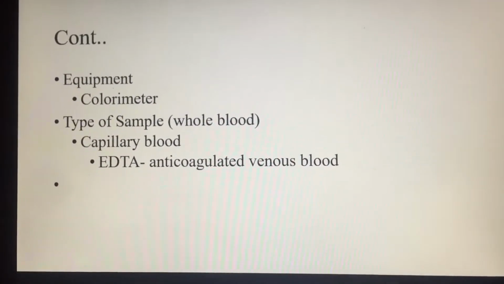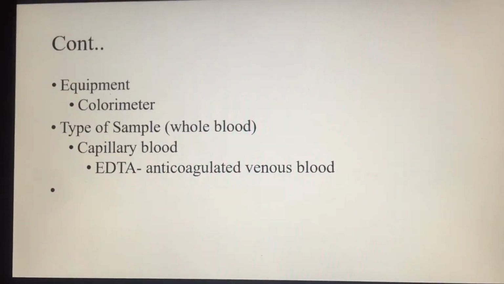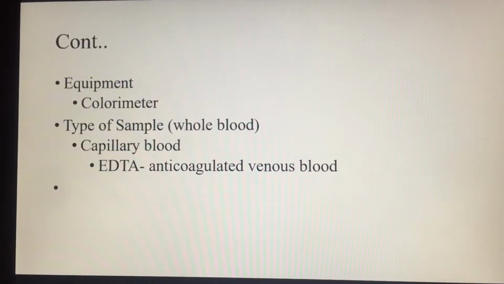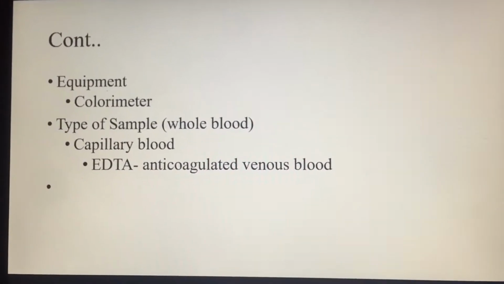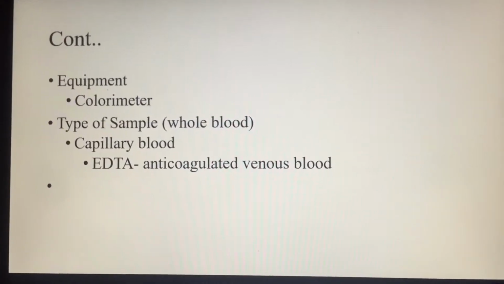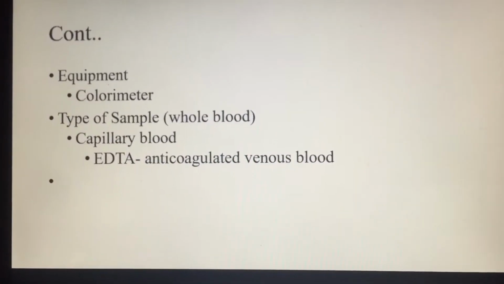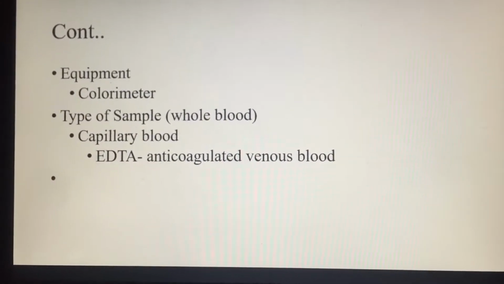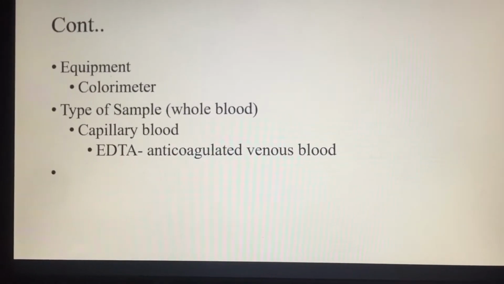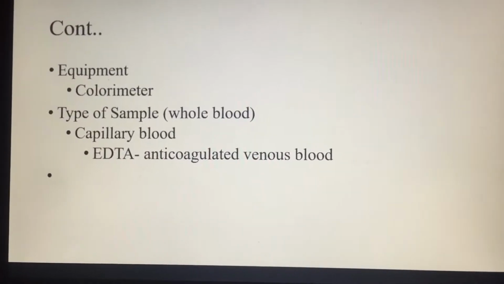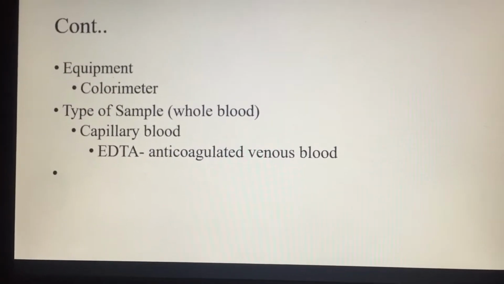Also we have the type of sample. For the type of sample, we have whole blood, we have capillary blood. Capillary blood actually is whole blood. So we have whole blood from the capillary, and also whole blood from the vein, or venous blood.